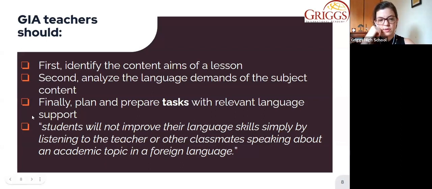And this is important. Students will not improve their language skills simply by listening to the teacher or other classmates speaking about an academic topic in a foreign language. This is talking against lecture-based lessons. So it's not enough.